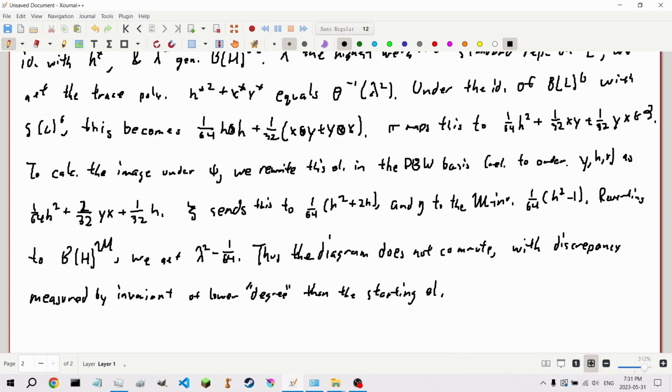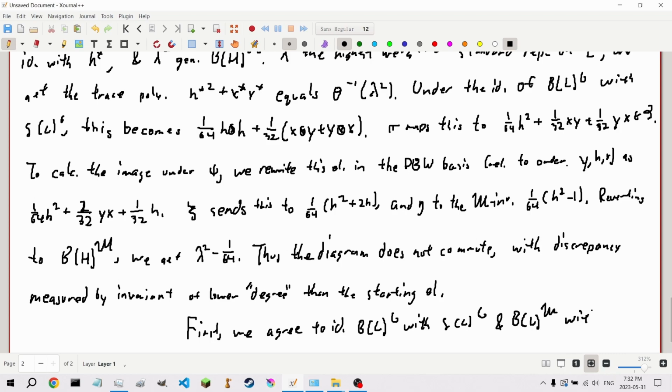So first we agree to identify B(L)^G with S(L)^G and B(L)^G with S(L)^G.